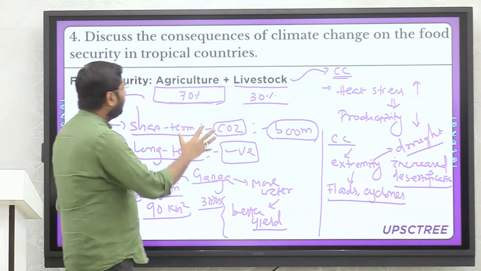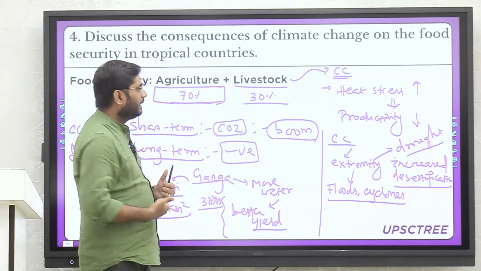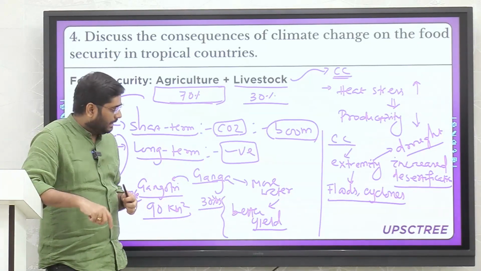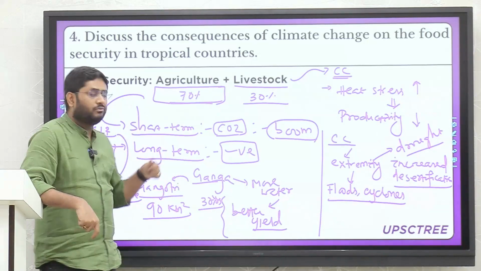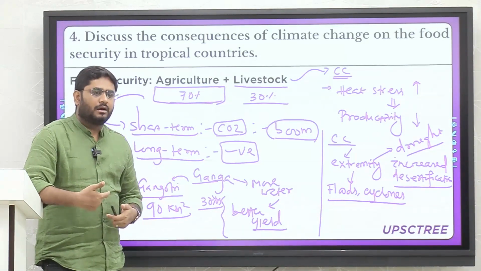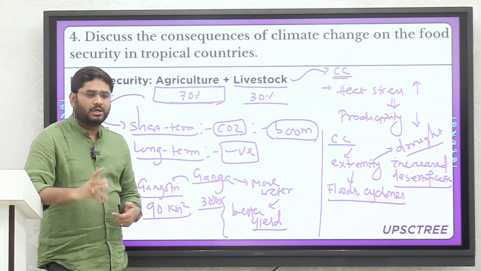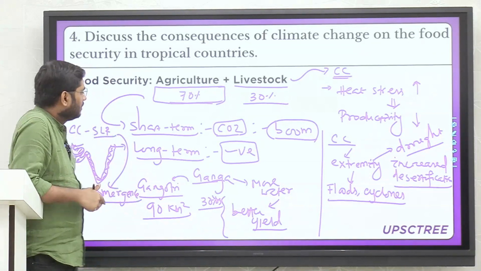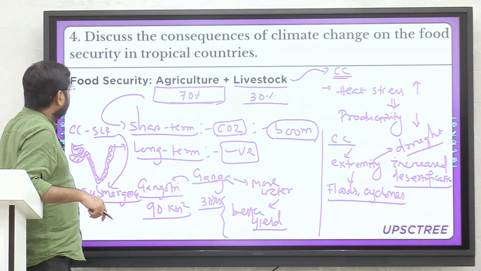So the net impact of climate change will be negative. Food security will be severely threatened, and because there will be food insecurity, obviously it might impact our socio-political system as well. It might be a threat to democracy. There might be civil war as well. So these are the major causes.